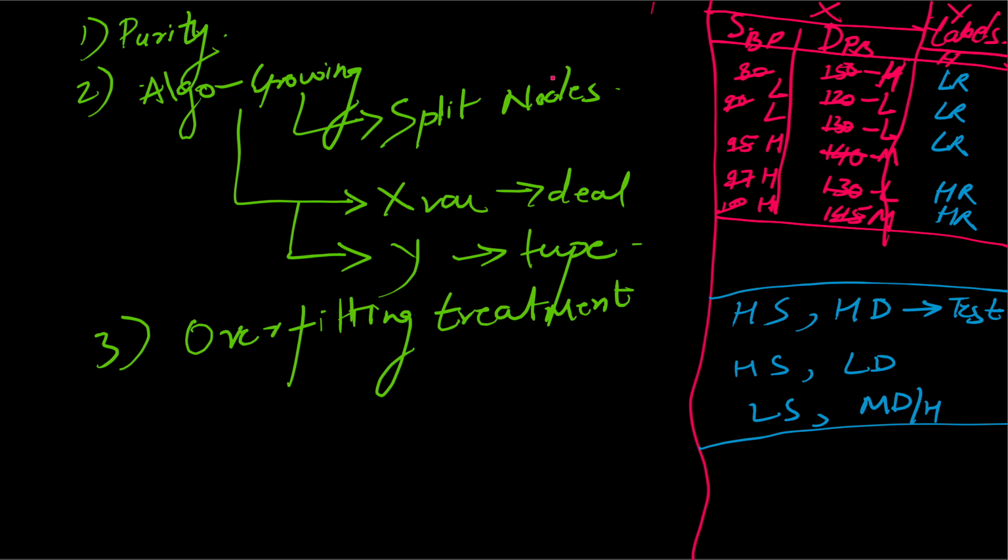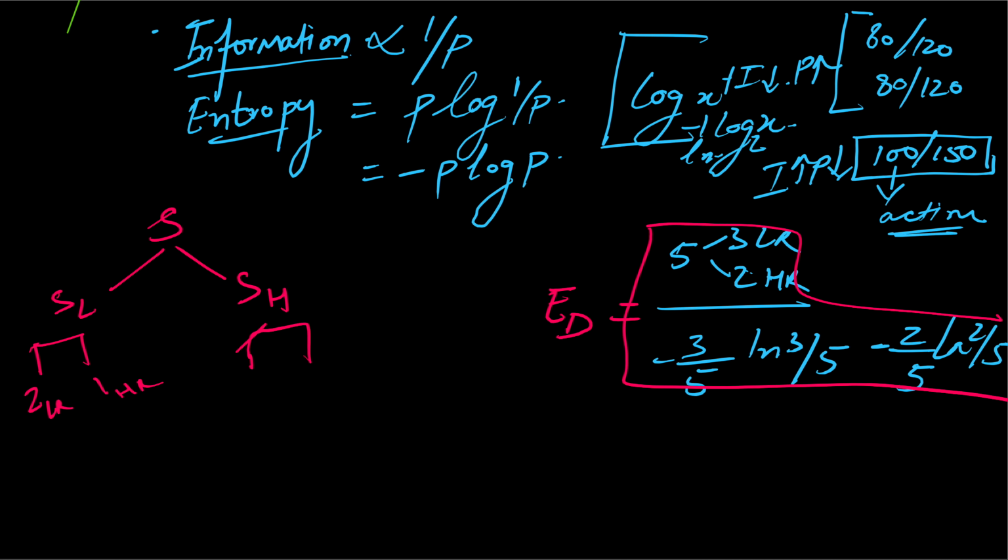I think it was 2 and 0 for low systolic and 1 and 2 for high systolic. So this is 2 and 0, and this is 1 and 2: 1 is low risk and 2 is high risk.